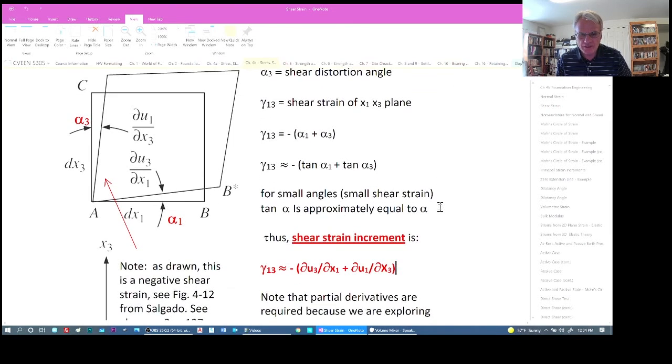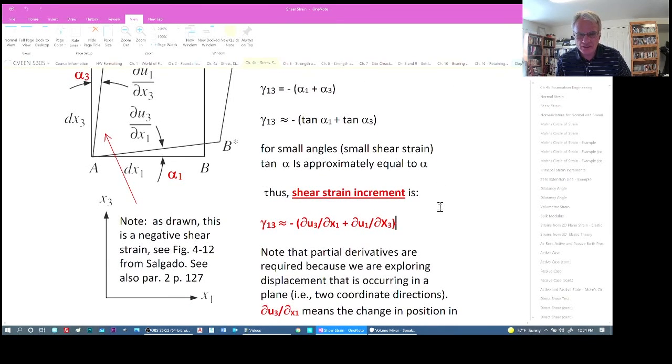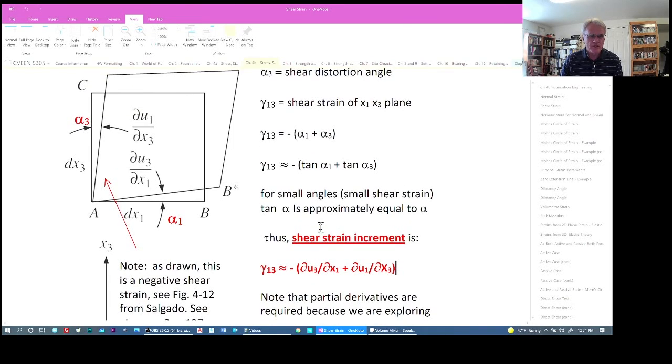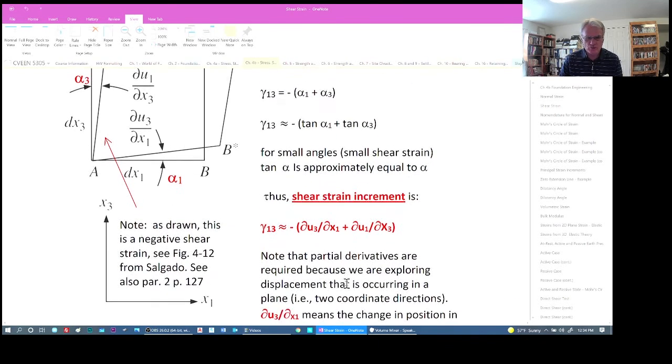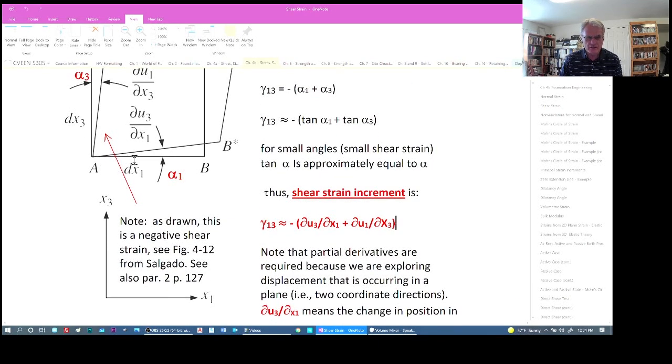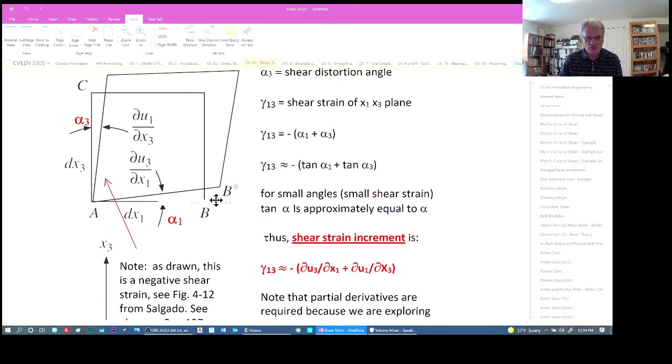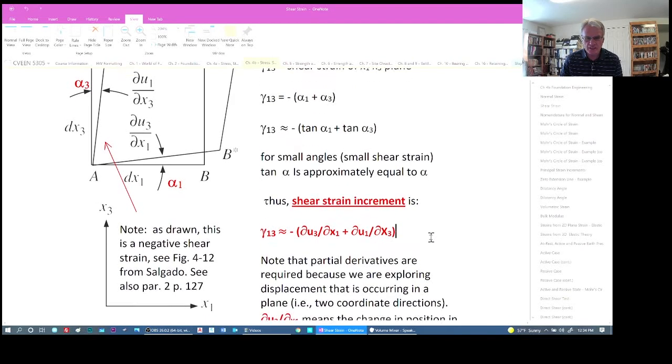Thus we can represent the shear strain increment as du3/dx1, the change in position in the x3 coordinate direction, this direction here, divided by dx1, which is the original length in this direction, plus du1, which is the change in position in this direction here, divided by dx3.